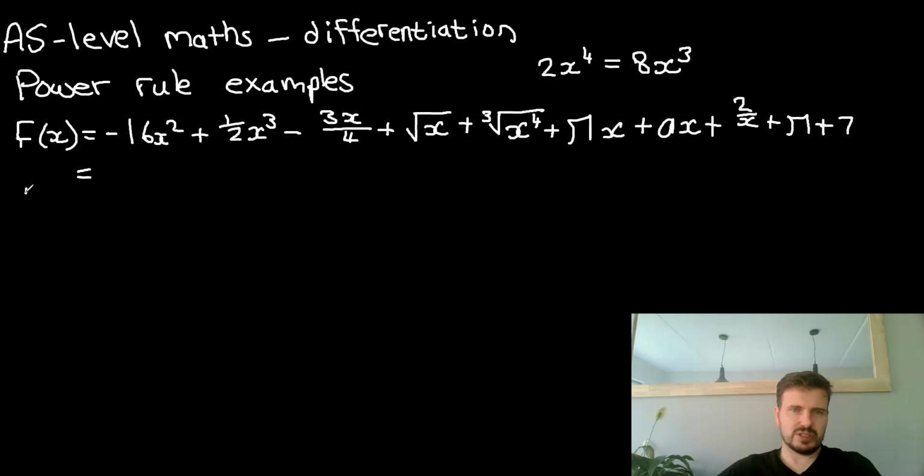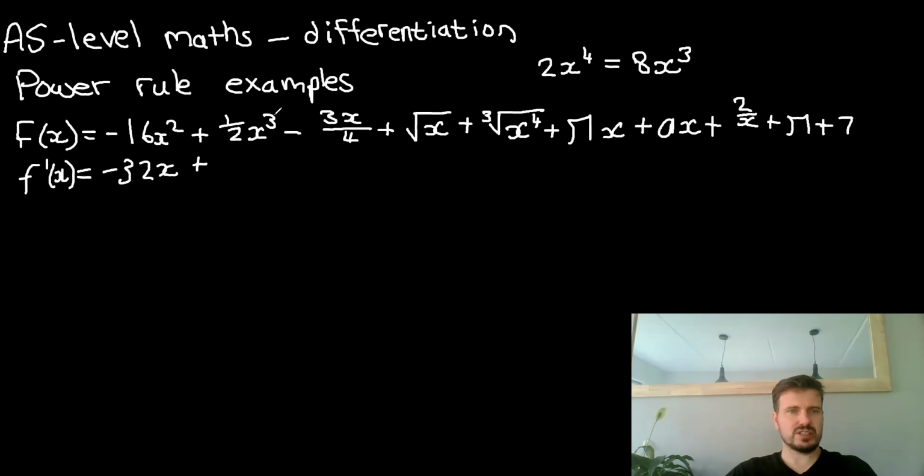So now let's look at a question. Say we had a long question like this, which you're not going to get one this long, but we're going to differentiate each of these terms individually. The first one has a negative, and that's fine. We just times the 2 by the negative 16. So 2 times minus 16 is minus 32x, take 1 off the 2, and we get just x.